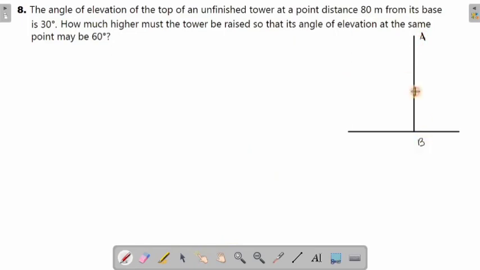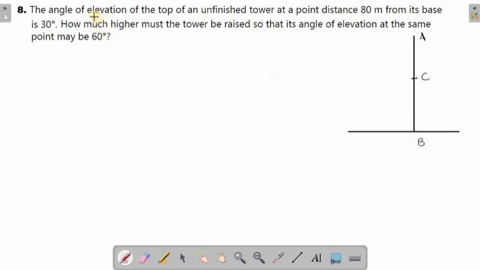If this is your original height, let's say that it is completed till point C. That means we still have to raise it by CA. This is incomplete, and CB is the complete part.